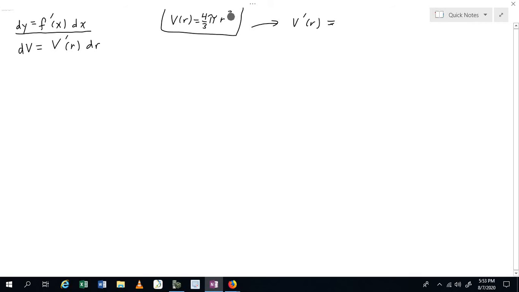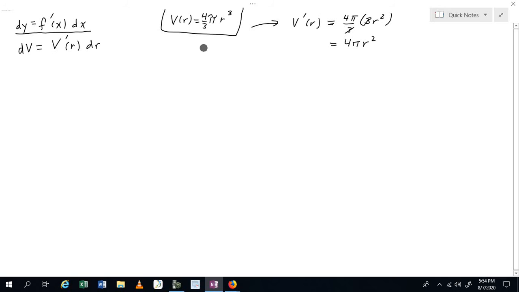So you can just find the derivative of r cubed and then multiply it by that constant. And of course, the derivative of r cubed is 3r squared using the power rule. Then that just gets multiplied by the constant which sits in front. Notice the 3's cancel here, and so you're just left with 4 pi r squared. So that's your v prime of r.